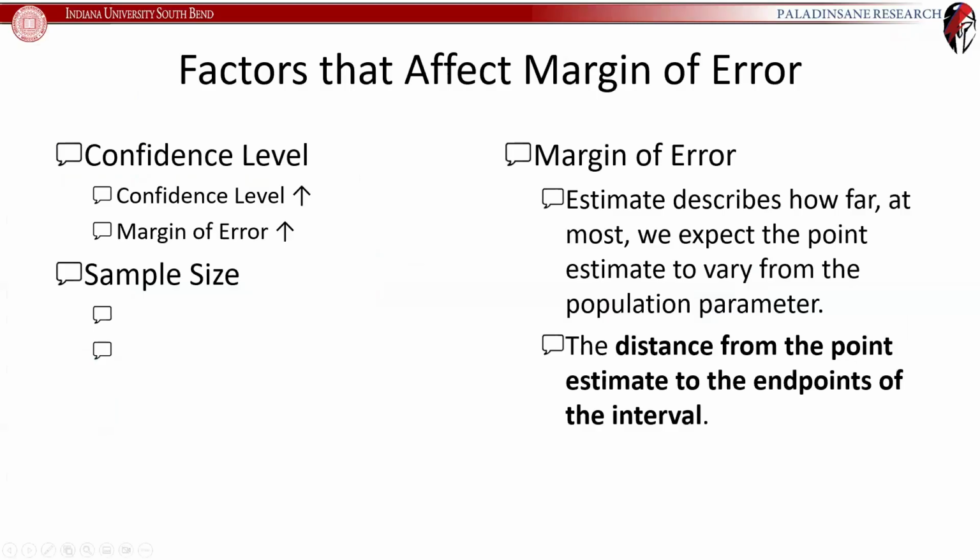All right, so to sum that up, as your sample size increases, your margin of error decreases. If you want a small margin of error, you need a large sample size, or you need to shrink down your confidence level.